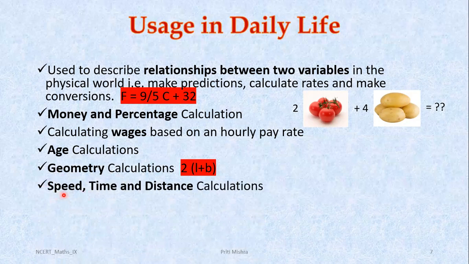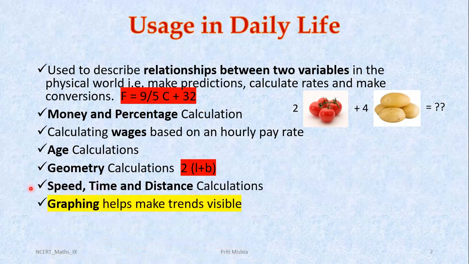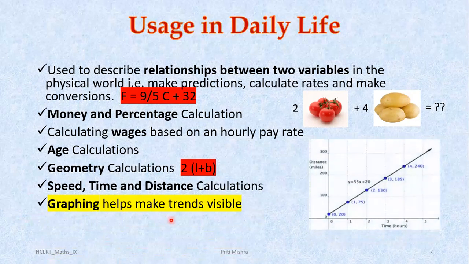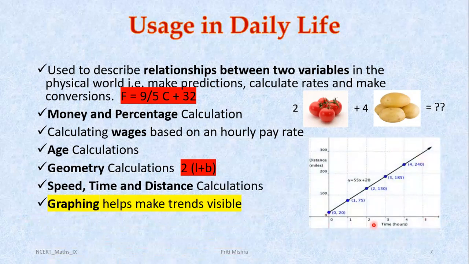In calculating speed, time, and distance, we are using linear equations. And graphing helps make trends visible. So here you can see a graph which is between time and distance. This is showing here a straight line.